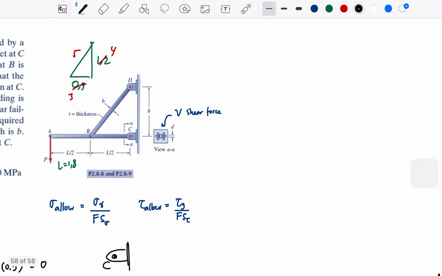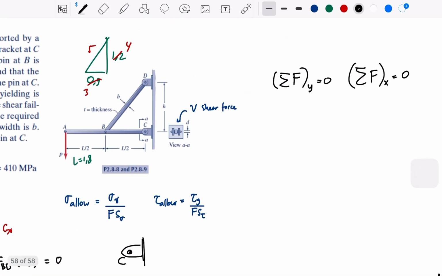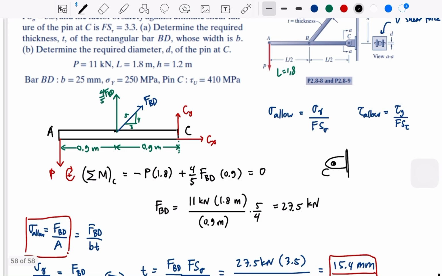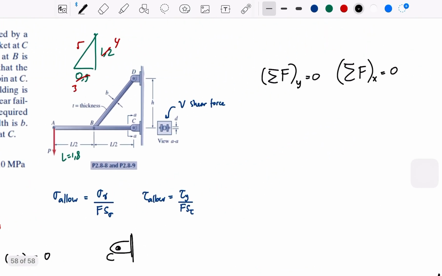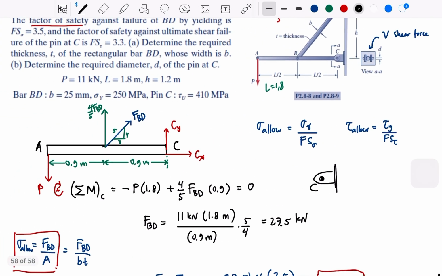So the sigma for the force, we can start with directly both of these. So from the picture, we can take the sigma moment. Okay, we can take the sigma moment at B to get the Cy.